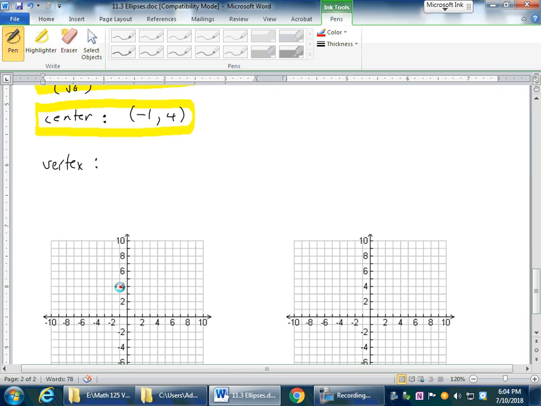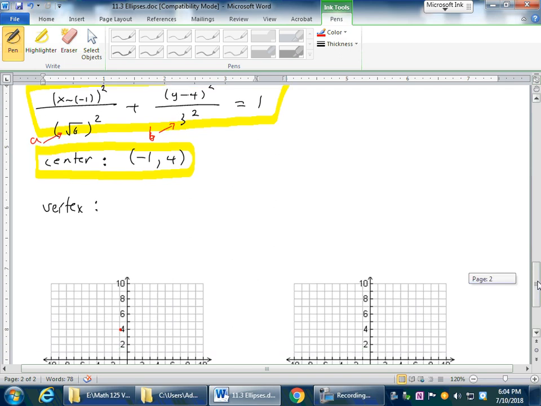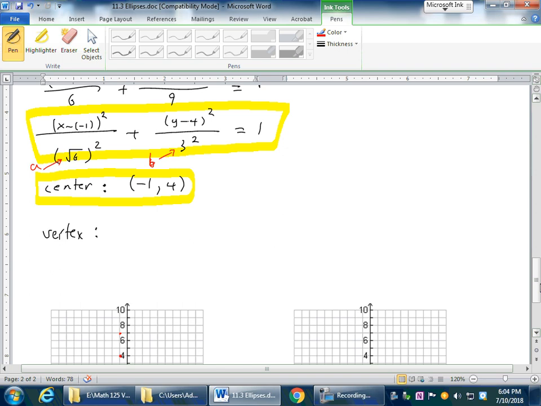And then what you're gonna do is, my a in this case is square root of 6. My b is 3, right? So that means b is going up and down 3 units. So 1, 2, 3 units up and then go down 3 units. And now we're going to take care of that square root of 6, which is associated with x, so it will go left and right of the center.